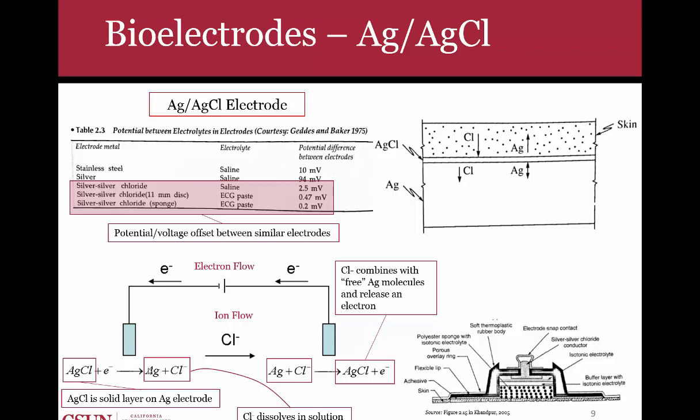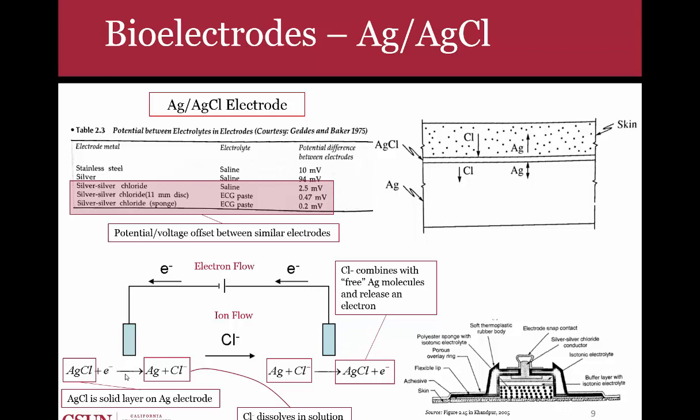So the electron will go to the chlorine, and what you'll have is silver and chlorine now dispersed in the electrolytic solution. With that, because there's a deficiency in electrons over here, the chlorine will zip back to the other silver electrode, and that chlorine will then interact with the silver on the edge here, and when they combine to be silver chloride, which is a solid, it releases the electron, and then that goes back into the circuit and goes back into the loop here.